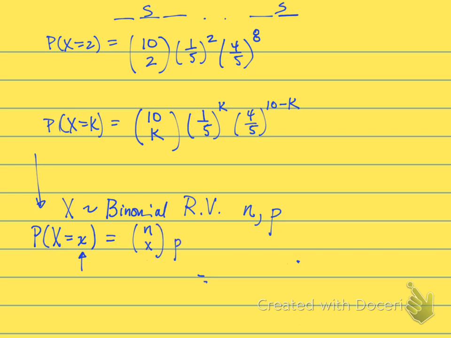Then I have the probability of success x times in there, and the probability of failure the rest of the time. Okay? And in fact, this is the probability mass function for the binomial random variable. All right? So this is your PMF.